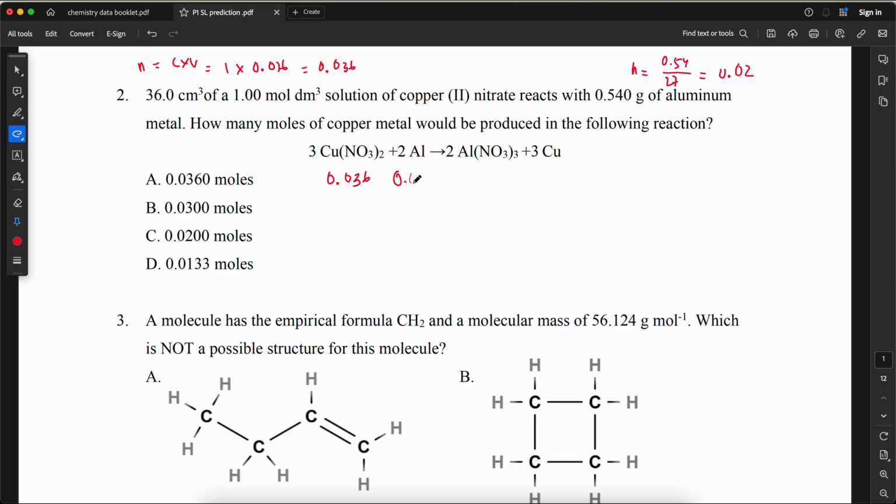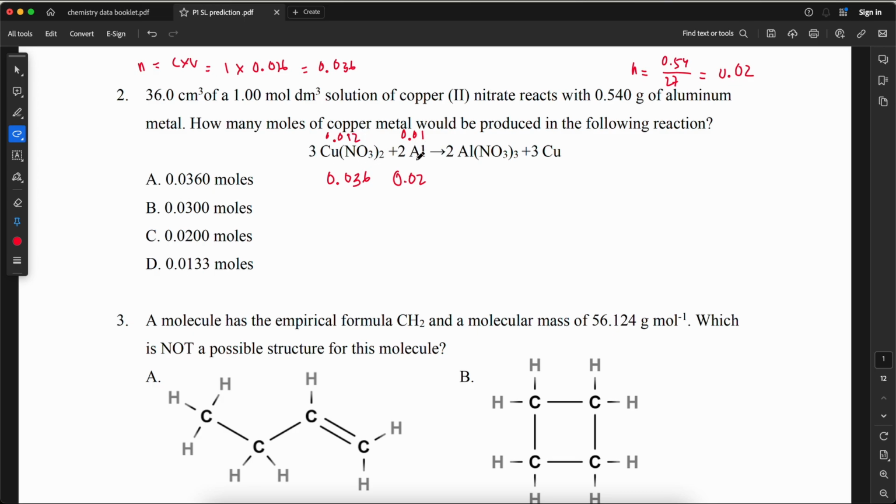then you get 0.02. Okay, so to calculate the mole of copper metal, we need to refer to the limiting reactant. So now here we've got to choose the limiting reactant, we need to choose the one that will be used up first. For 0.02 mole of Al, it will be 0.01 mole for 1 Al, and this one it will be 0.012 for 1 Cu(NO3)2.